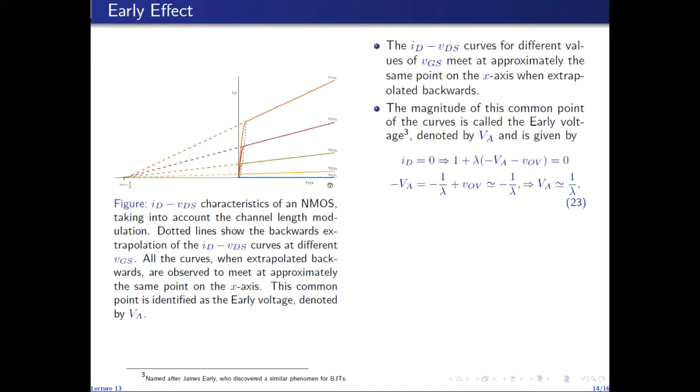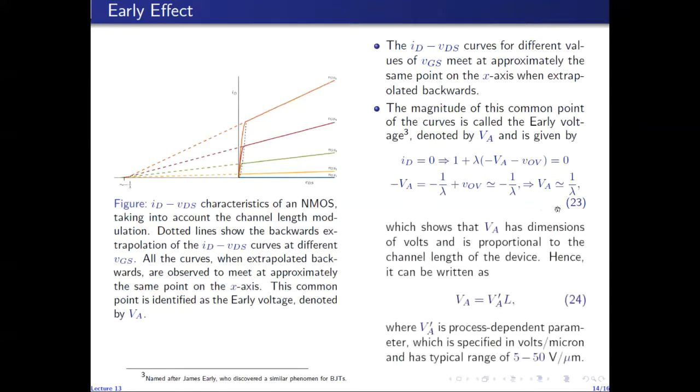The magnitude of this point, called the early voltage, is equal to 1 over lambda. Since lambda has units of 1 over volts, VA has the dimensions of volts. And since lambda was inversely proportional to the channel length, VA is directly proportional to the length of the device.